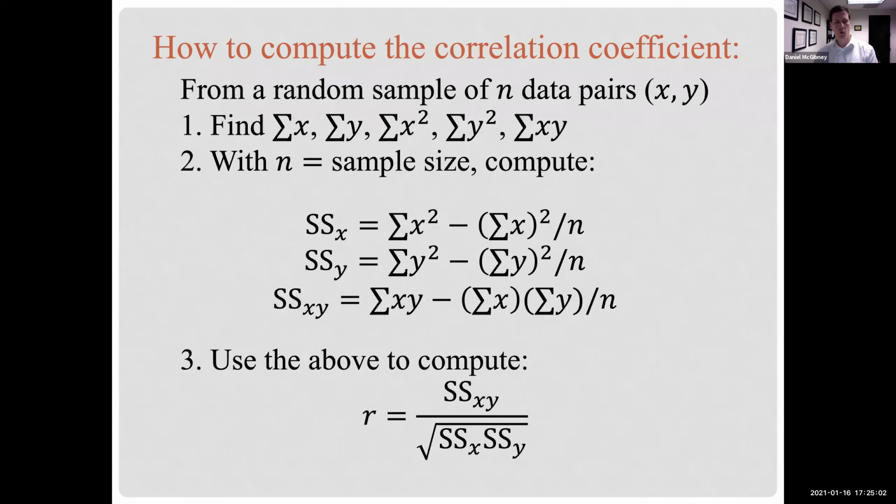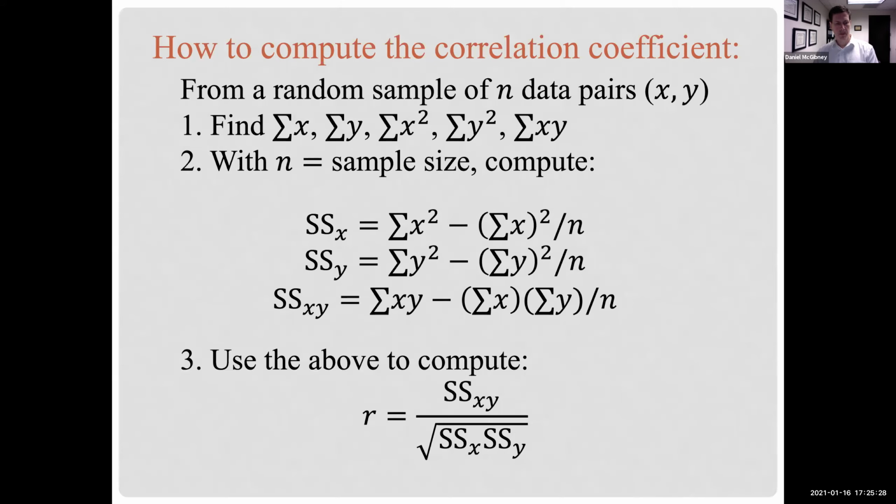Similarly, the sum of y is all of the y values summed up. Then the sum of x squared is the sum of all the squares of x. And then we have the sum of y squared. And lastly, the sum of xy, which is the sum of each x multiplied by each corresponding y.